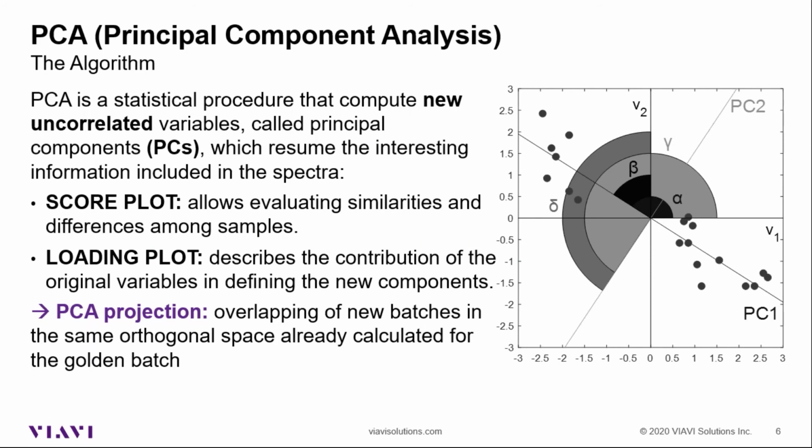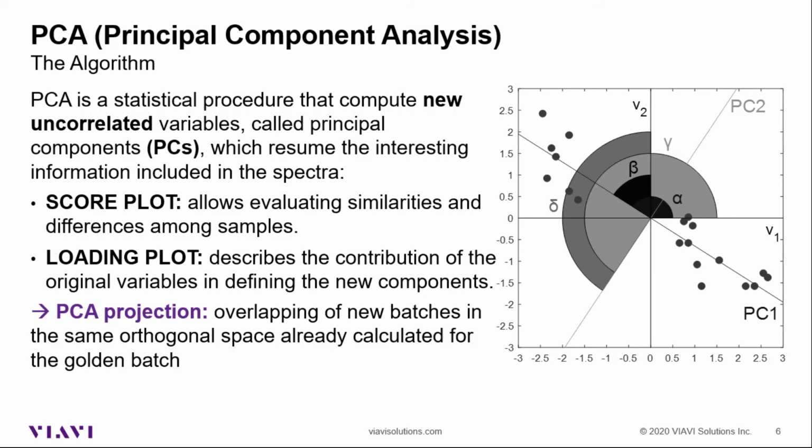I used to call this approach the queen of chemometrics because it's one of the most common and most applied algorithms, not only in chemistry, but also in econometrics and in many other fields. And this is just a decomposition, a construction of new uncorrelated variables, starting from all the variables that we are acquiring along the spectra.